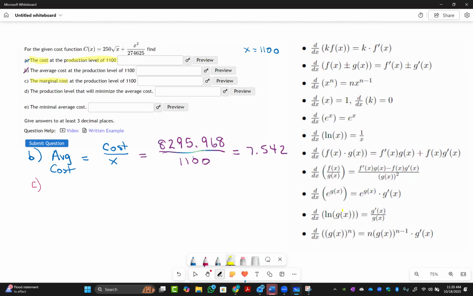So we're going to find C prime of X, right? And actually, let's rewrite this in a form that's easier to take the derivative of, because that's not easy to take the derivative of.